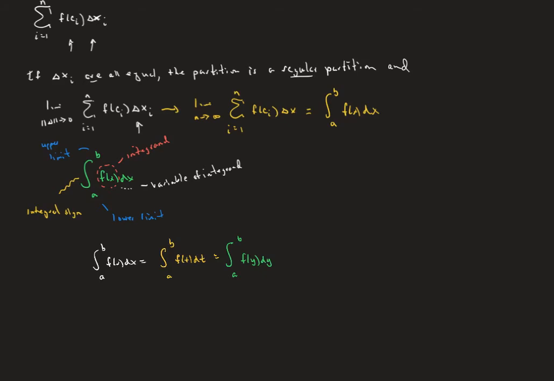Those variables that we're integrating with respect to are sometimes just called the dummy variable. So don't be confused by what name we give that. It doesn't matter what it is, it still means the same thing.